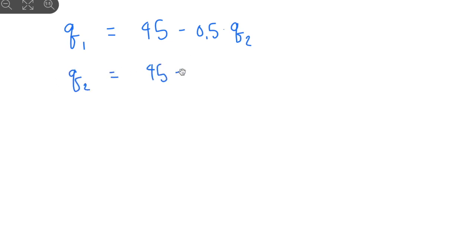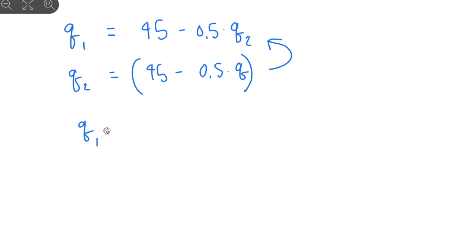So let's clean it and write down. What we had was Q1 equals 45 negative 0.5 times Q2, and Q2 equals 45 negative 0.5 times Q1. Okay, so we're going to plug Q2 into the Q1 equation and solve for Q1.